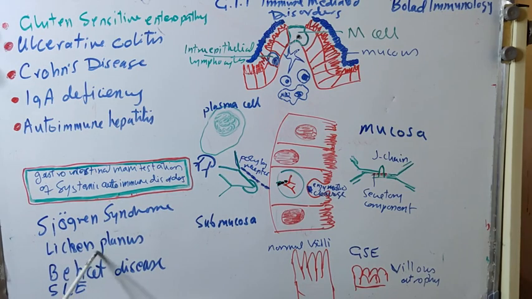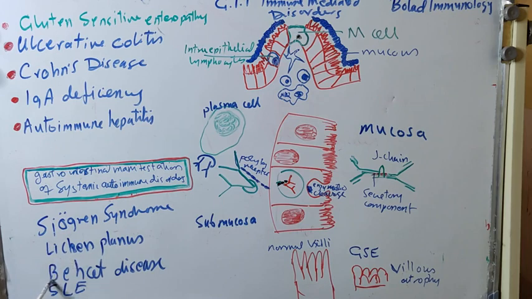And another autoimmune disorder is known as lichen planus, and may be associated with gastrointestinal tract manifestation. For example, in case of lichen planus, one can detect very painful shallow oral ulcer.